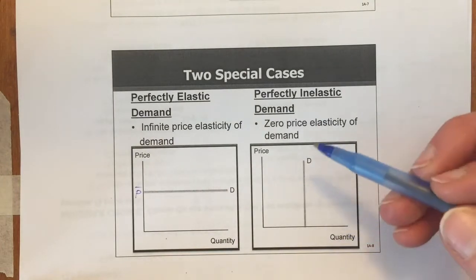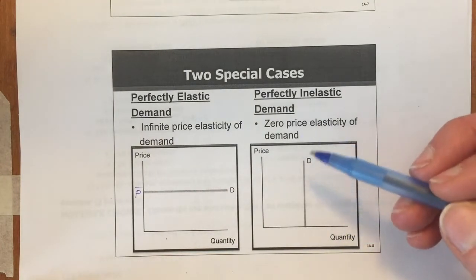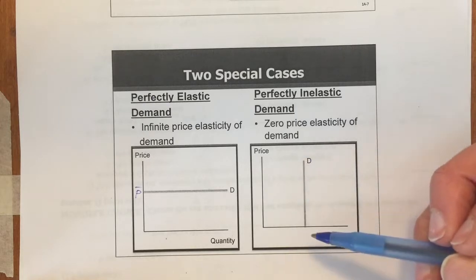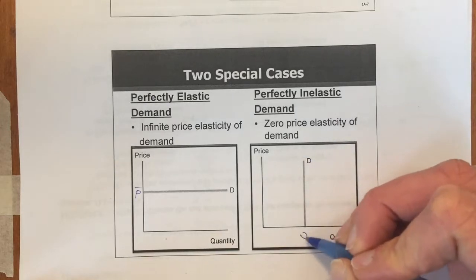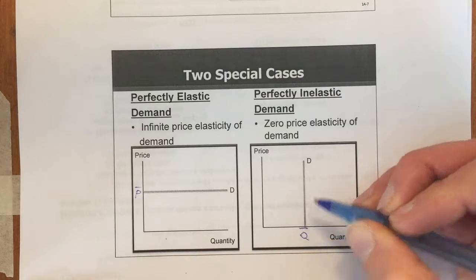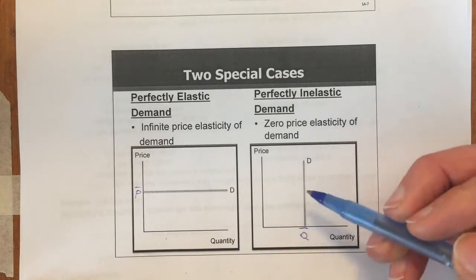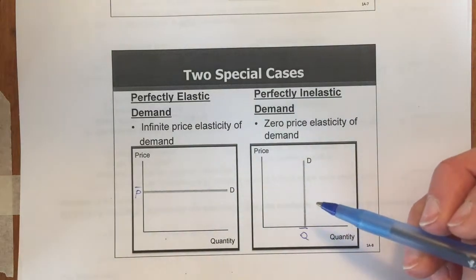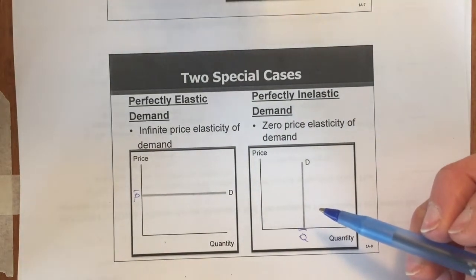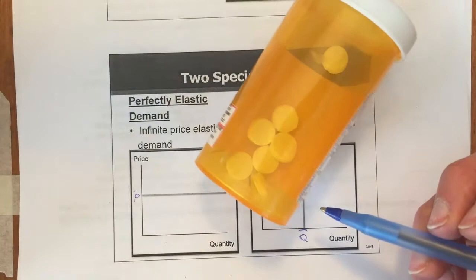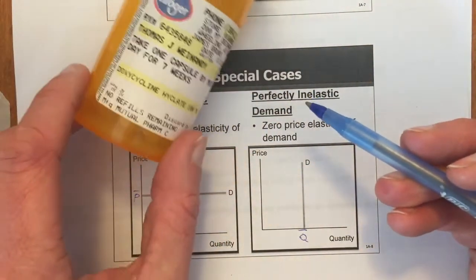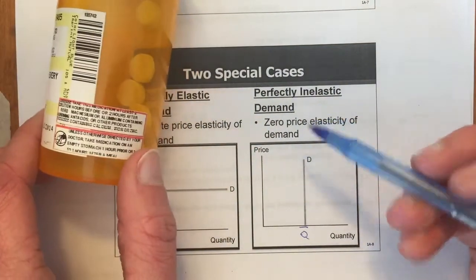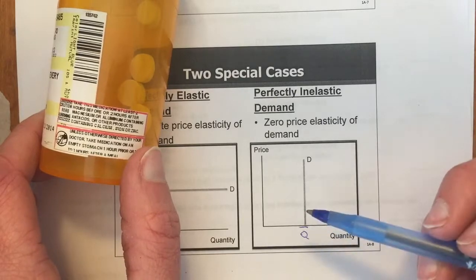Similarly, if the price elasticity of demand is 0, the quantity demanded is fixed. It doesn't matter what the price is, the quantity demanded is going to be the same amount. That could be an example of something like a life-saving medication, where no matter what the price is, you're going to have to purchase it.